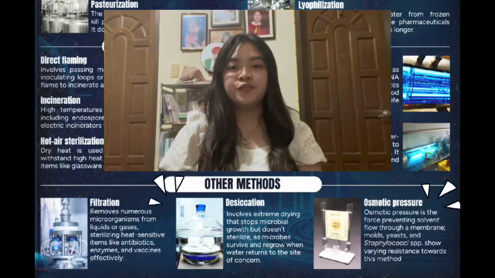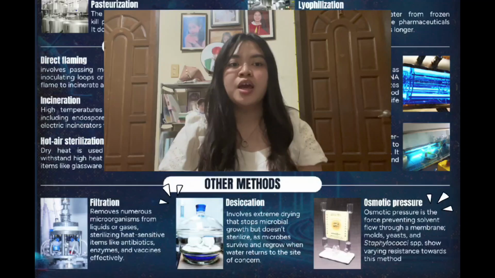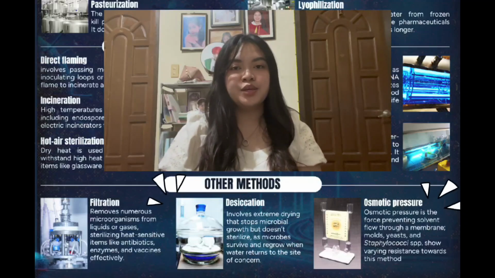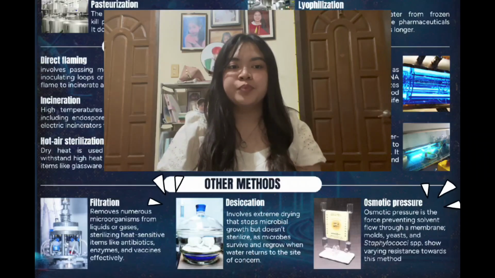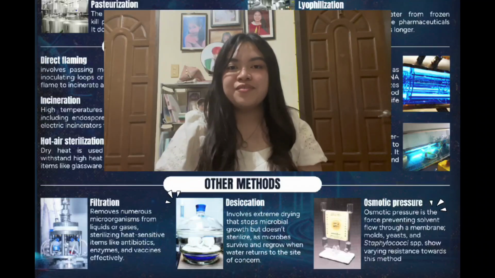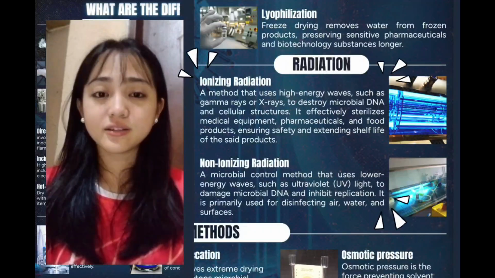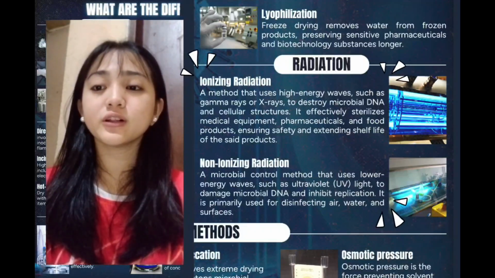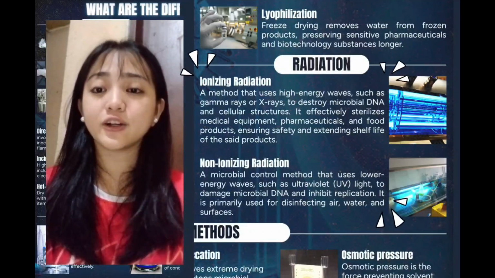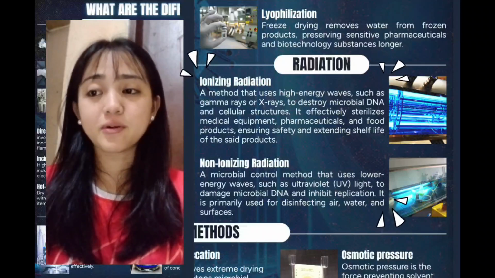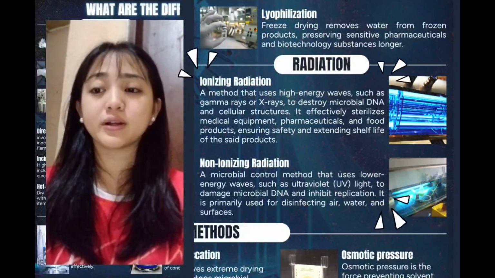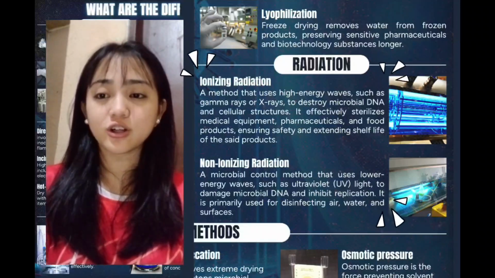Osmotic pressure is the force exerted on a solution to prevent the solvent from passing through a semi-permeable membrane. Molds and yeast may withstand higher osmotic pressure, while Bacillus species are fairly resistant. Ionizing radiation is a microbial control method that uses high-energy waves, such as gamma rays or X-rays, to destroy microbial DNA and cellular structures.